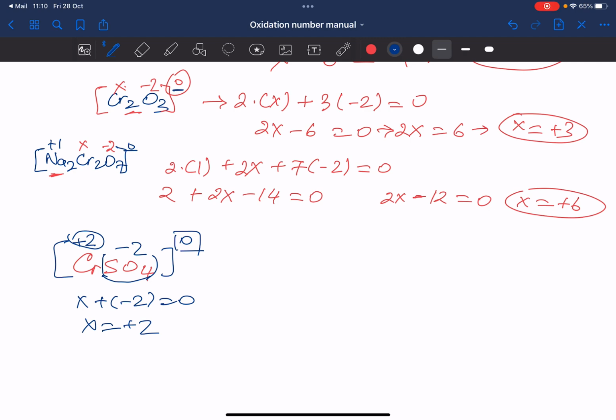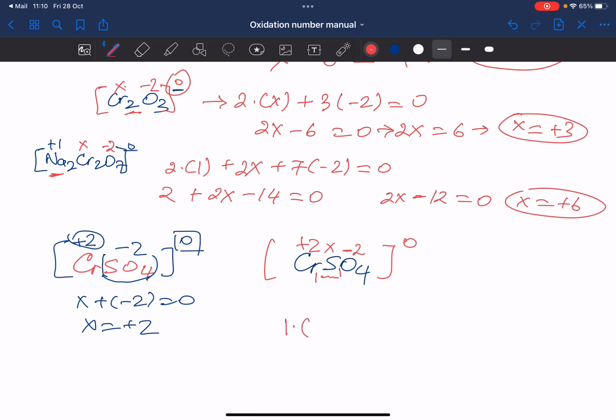Now we want to find sulfur. Let's say you want to find the sulfur oxidation number. So you know that this guy was +2 by itself, and oxygen by itself is -2, but we don't know this guy, and we know that this whole thing adds up to 0. So we have one of this, one of sulfur, and 4 of oxygen.